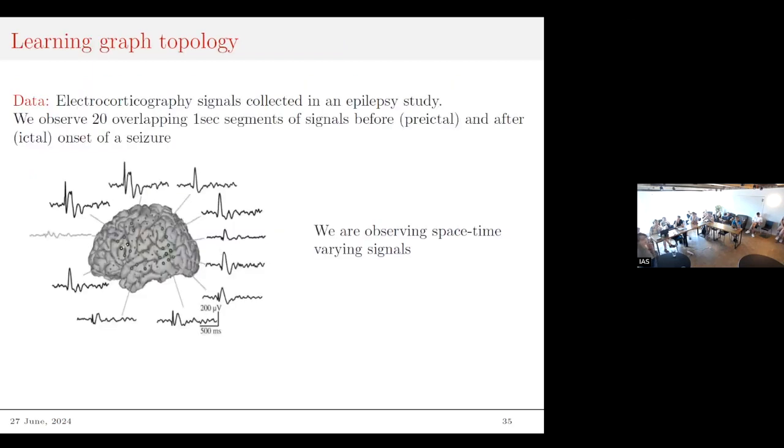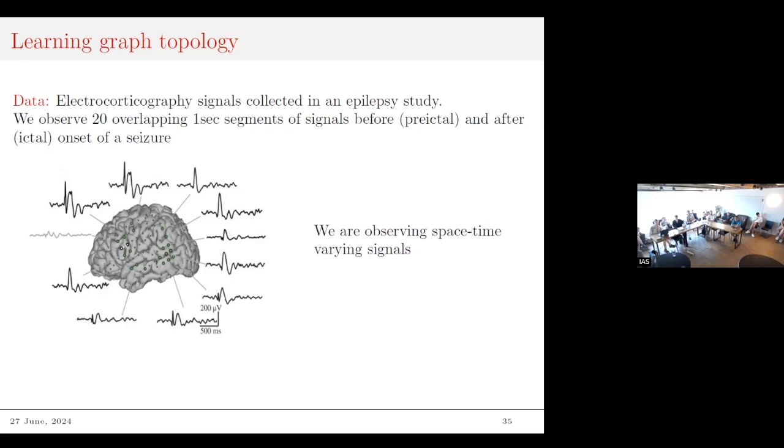Well, we have this electrocorticographic signal, and in this study we have electrodes that are implanted on the brain. We have 76 electrodes, and over each electrode we observed a signal.